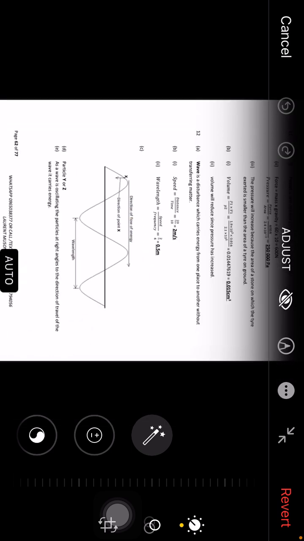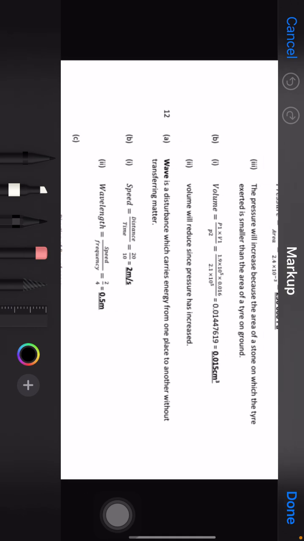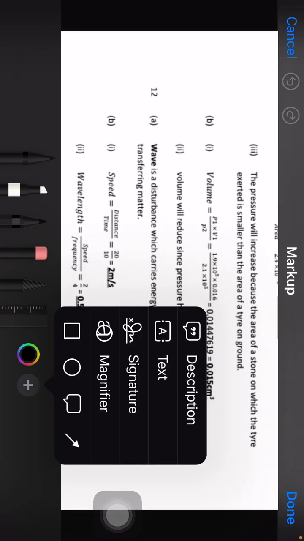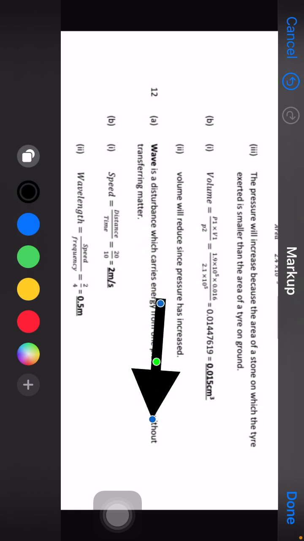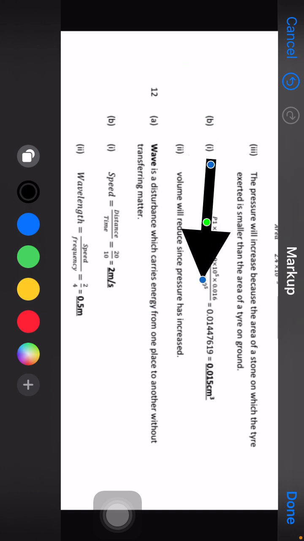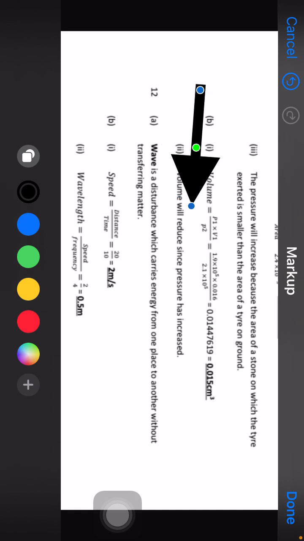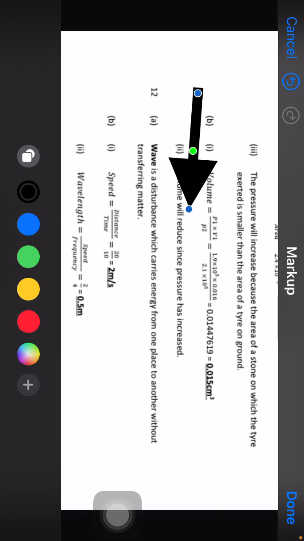So let's go to the next part here. Let me just get my pointer. Okay, like I said, there's a law here.